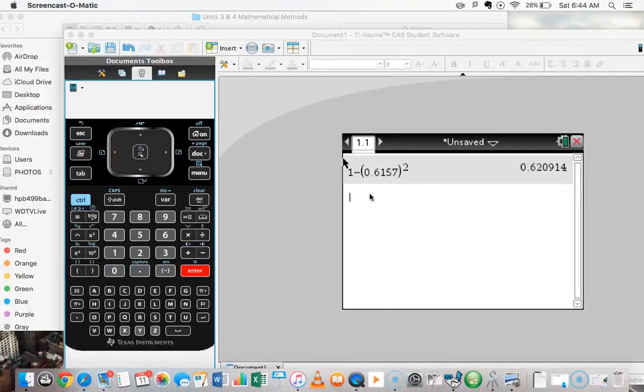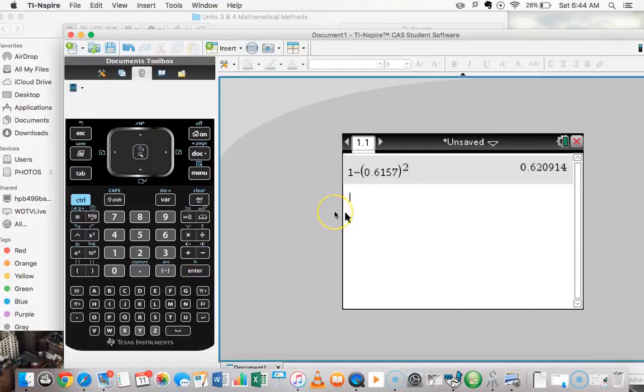When you do it on your CAS, instead of using the rounded version of the number, go 1 divided by and then use the value that we calculated here. Now that avoids losing any accuracy in our calculation. So that turns out to be 1.611.